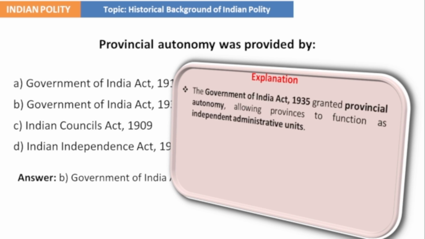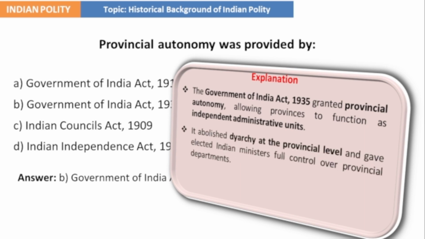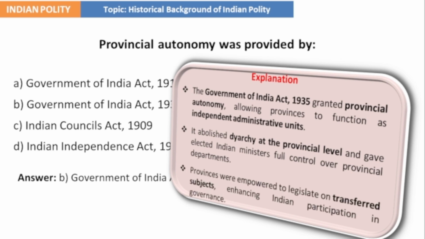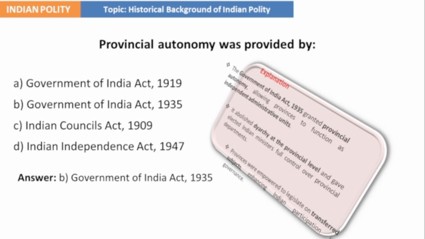The Government of India Act 1935 granted provincial autonomy, allowing provinces to function as independent administrative units. It abolished diarchy at the provincial level and gave elected Indian ministers full control over provincial departments. Provinces were empowered to legislate on transferred subjects, enhancing Indian participation in governance.